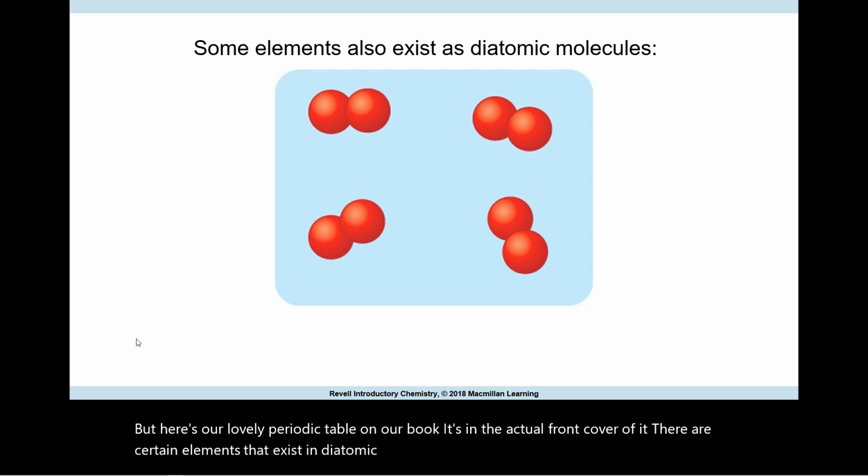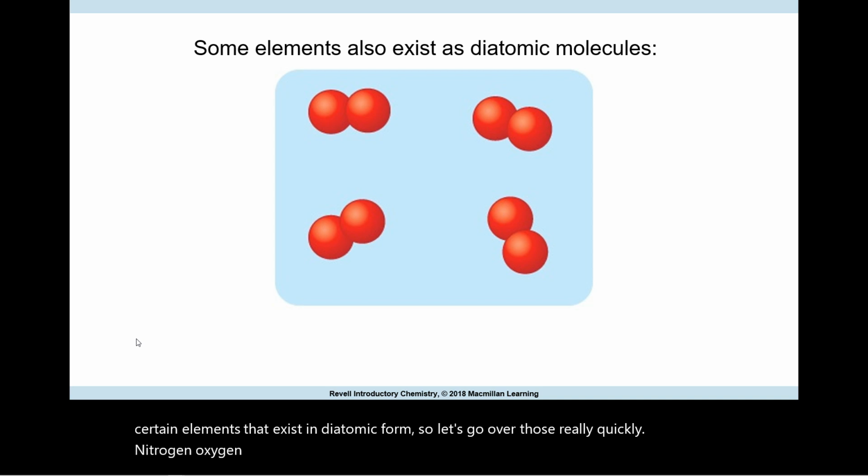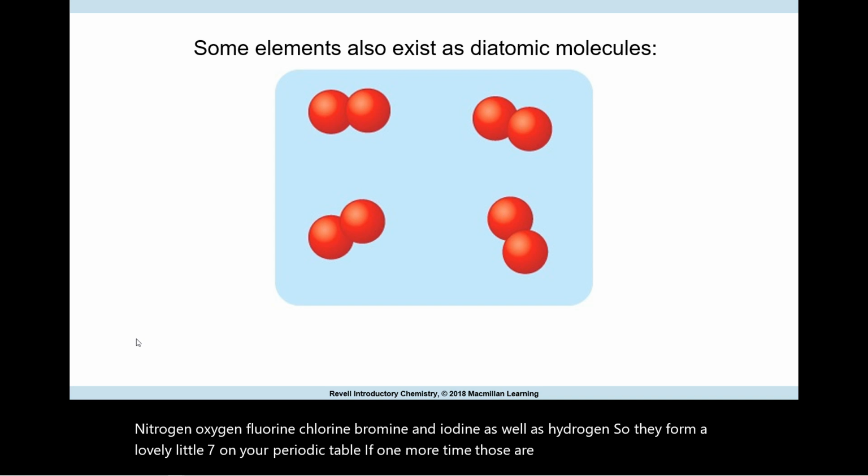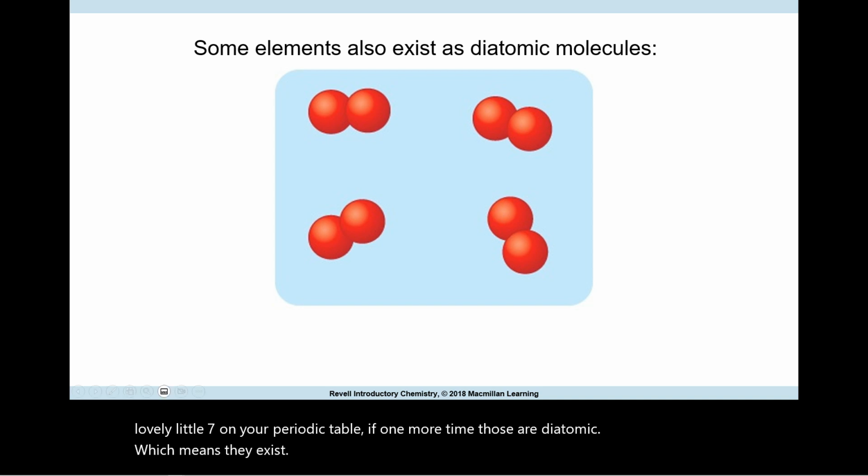So let's go over those really quickly: nitrogen, oxygen, fluorine, chlorine, bromine, and iodine, as well as hydrogen. So they form a lovely little 7 on your periodic table. One more time, those are diatomic, which means they exist in a pair of two when they are in their pure elemental form.